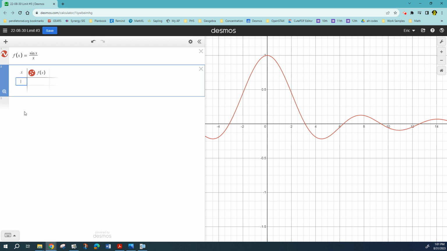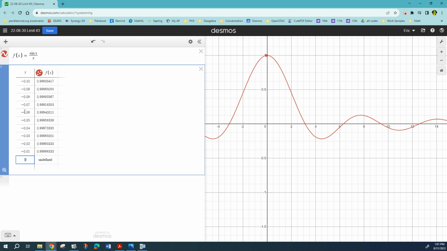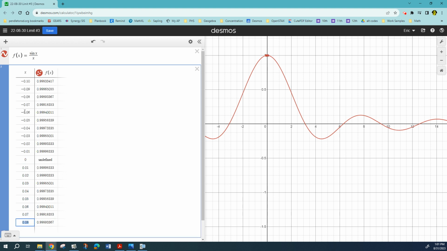So we want to stay pretty close to 0. So what if we went from negative 0.1, negative 0.09, and then we just follow that trend, right? We're just climbing up towards 0 and beyond. And we can see that those values are converging on 1 in the middle. Okay, good.